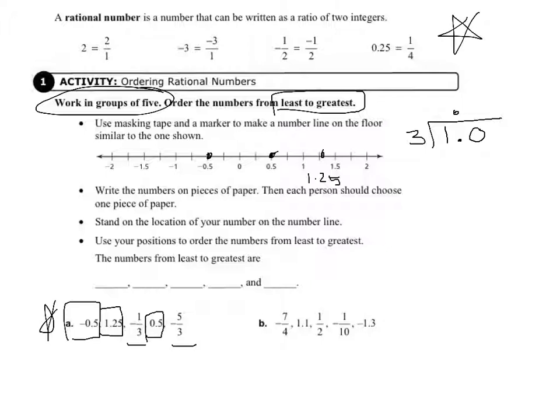And we take 3 and we say, oh, it does not go into 1 at all, but it goes into 10. And it goes into 10 3 times, and 3 times 3 is 9. 10 minus 9 equals 1. And then we can put another 0 on the end here and bring that down.